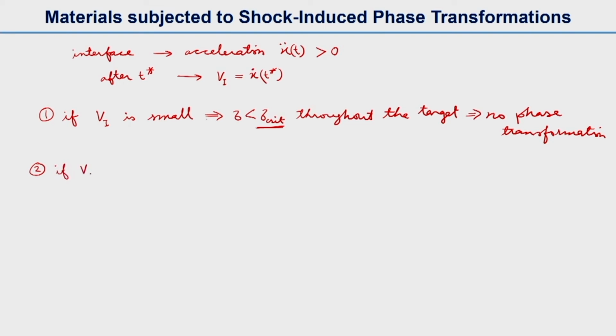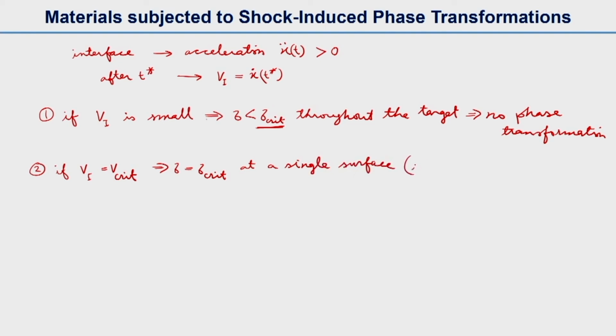So, if Vi is equal to V critical, then sigma is equal to sigma critical, at a single surface.